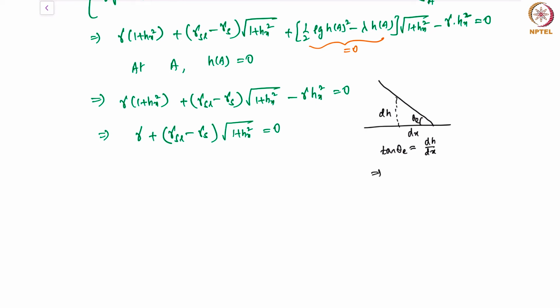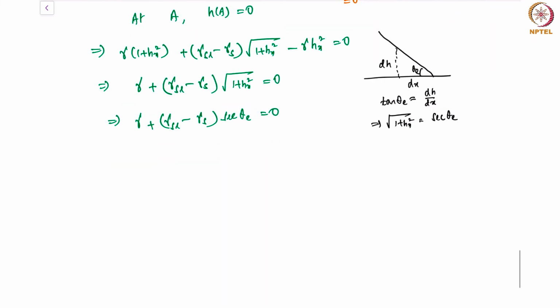And therefore square root of 1 plus hx square is nothing but secant of theta e. If I substitute this, I have gamma plus gamma SL minus gamma S times secant of theta e is 0, or I simply have gamma cos theta e.